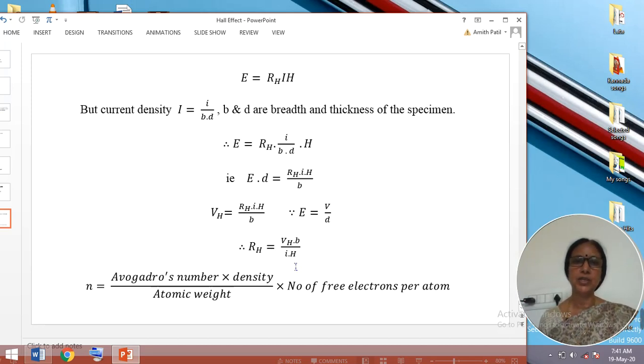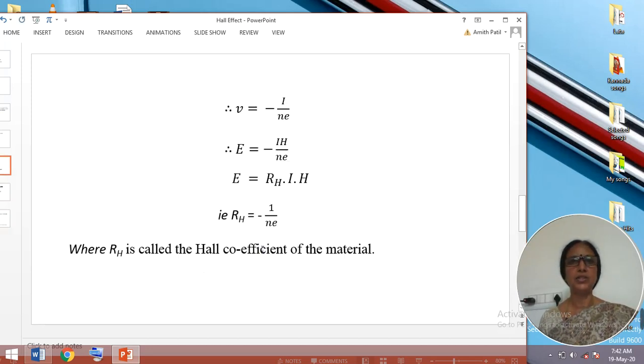Why I am stressing experimentally here is that usually we calculate the concentration of charge carriers using a theoretical formula, as the ratio of Avogadro number into density divided by atomic weight, into the number of free electrons per atom. So this is a theoretical formula for calculating the concentration of charge carriers. But if you measure the Hall coefficient experimentally, you can directly calculate the concentration of the charge carriers.